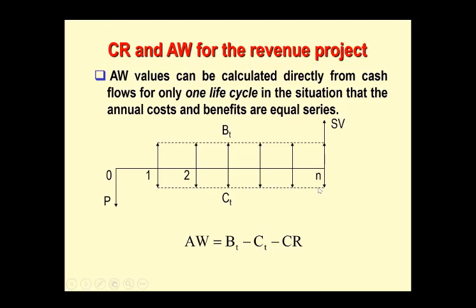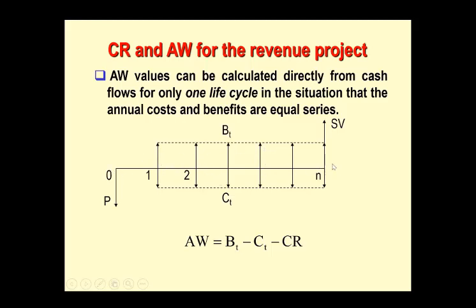Because BT and CD are both equal payment series, BT minus CD is the net cash flow, and it is also an equal payment series. At the end of the year, we have the service value. So this is the special situation.